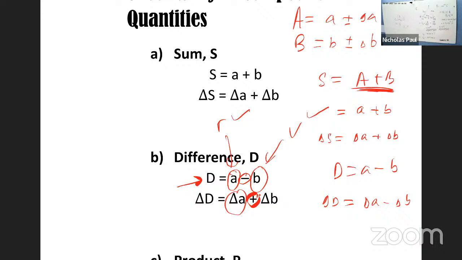Is that true? No. You just add more error into the experiment. Okay, so you don't ever minus error, you always add them. Yeah, you have to keep adding error. If you use it twice, add it twice. Okay?